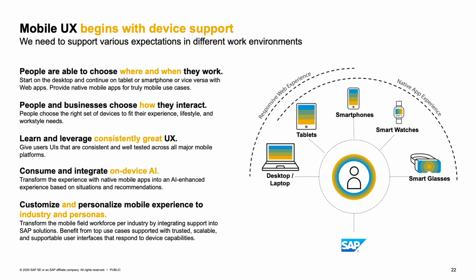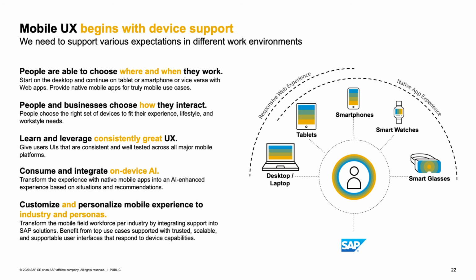Now, when we take a look to the various personas, of course, and the various expectations in the different work environments, you have something like you see here on the screen. So that means on the one hand side, this classic business user type of persona has a full powered work environment on a web, on a desktop. So this is where they usually start from.